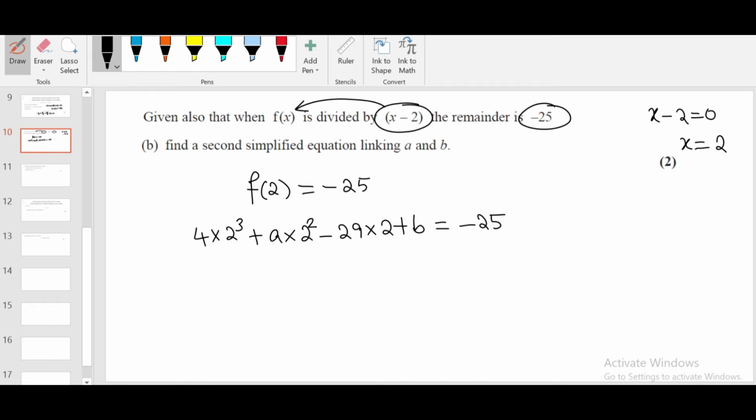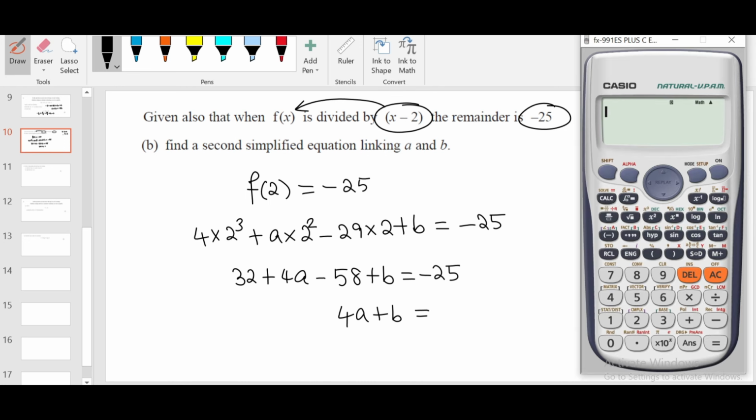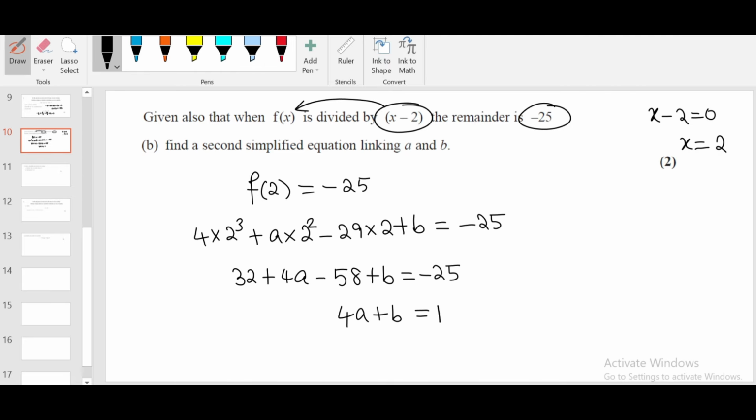Frame the second equation. So here we will get 8 4s are 32 plus 4a minus 58 plus b is equal to negative 25. So we will get 4a plus b is equal to negative 25 plus 58 minus 32, which is 1. So they just want you to find a second equation linking a and b. That's all. Let's move on to the next part.